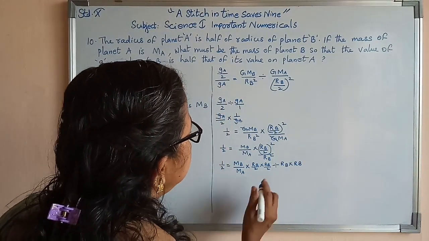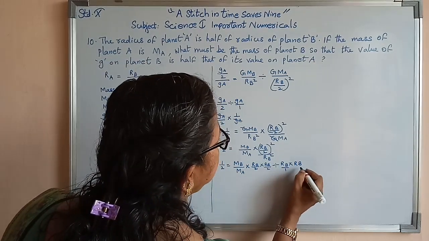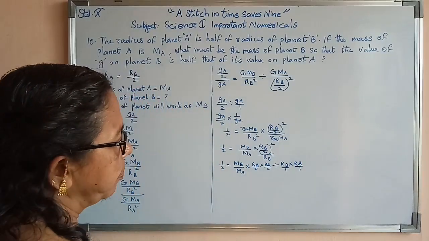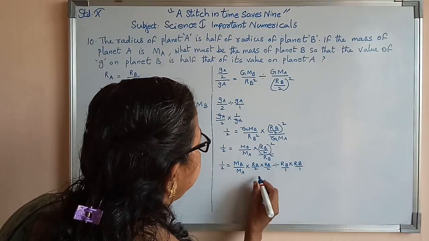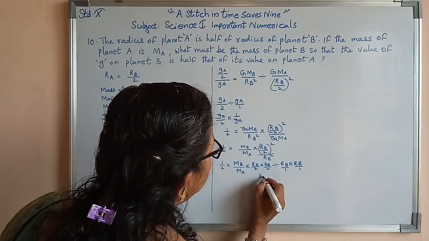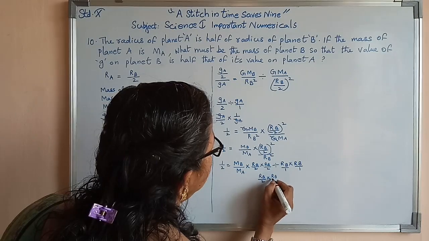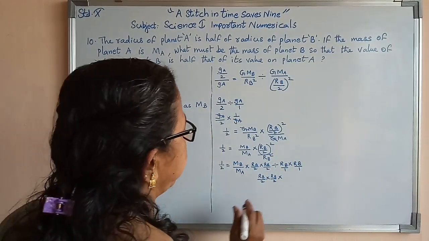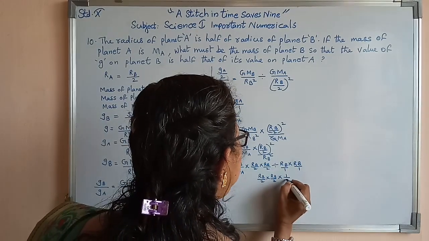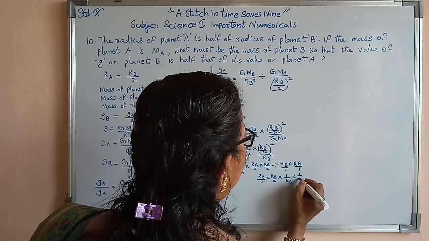Now what I am doing here: this RB I am making as RB upon 1, and here also I am putting RB upon 1. Now only this particular value I am solving. So RB upon 2 into RB upon 2. This I am making in the form of into 1 upon RB into 1 upon RB.